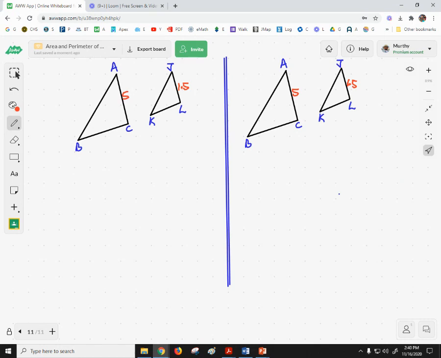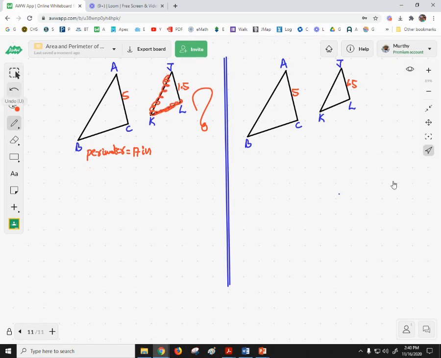Okay, and here the perimeter of the large triangle equals, let me take 17 inches. And what is the perimeter of this one? As I told you before, if I want to find the perimeter of any polygon, I should know all the sides.